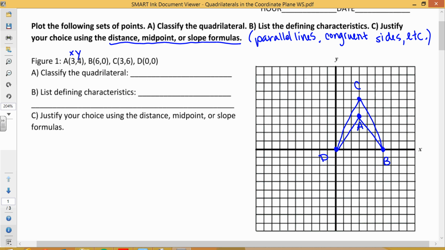So we're going to guess what it is, and then we'll see if we're right and test it using our distance, midpoint, or slope formulas. So for me, it looks kind of like side DC and side CB are going to be congruent, and it looks like side AD and side AB are going to be congruent. So it looks like it has two pairs of congruent sides.